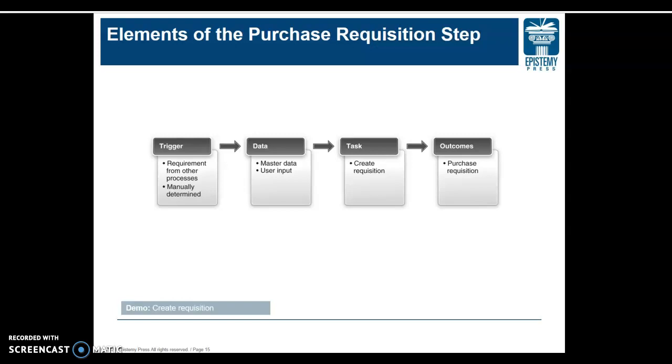The data that's needed to create a purchase requisition is we need to identify the item category, the quantity, the desired delivery date, and the location that it's needed. We'd also need to identify the material number, accounting assignment, vendor information if known. Then when we have all that information, we can create the purchase requisition. And obviously the outcome from this step is the creation of the purchase requisition.